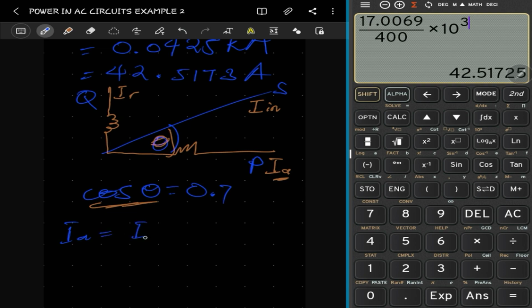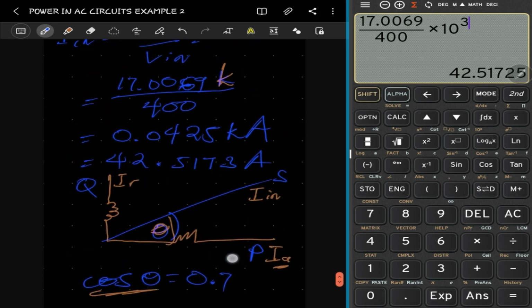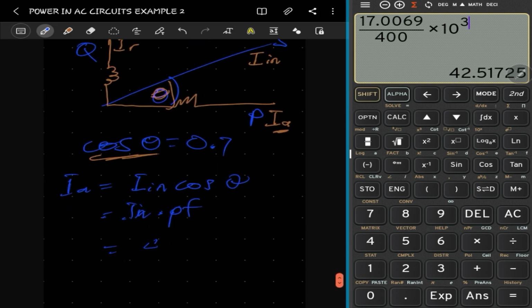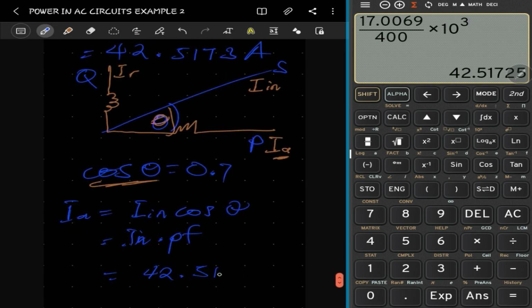We go to I in cos theta, times the power factor, right? So that will mean the current in is 42.5173. The power factor is 0.7.